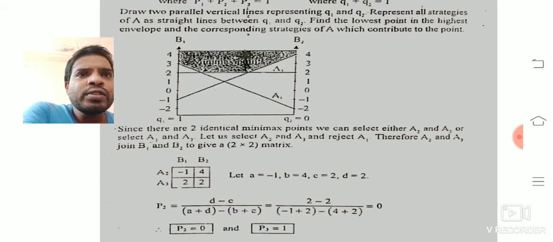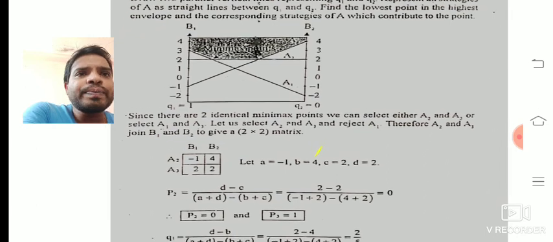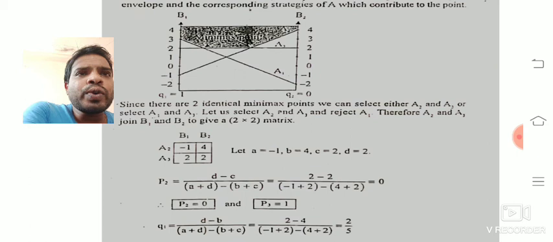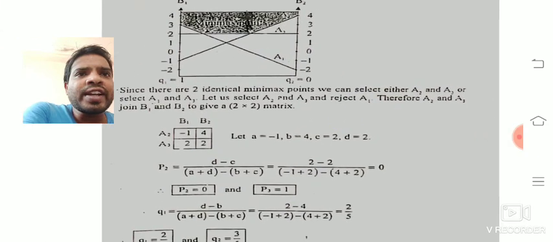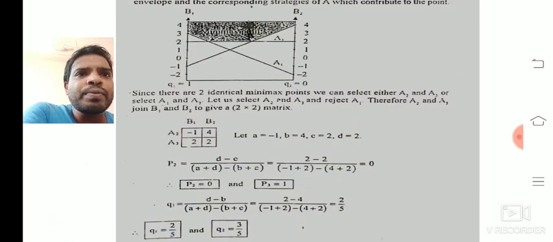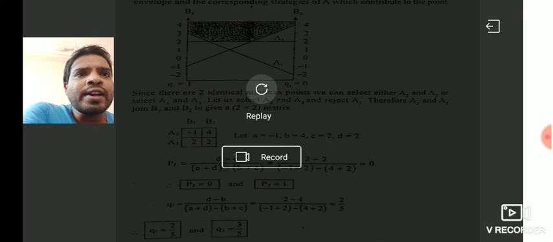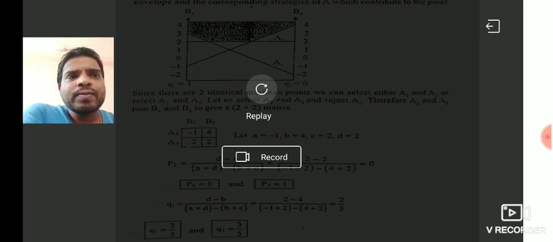For that point, we check which 2 lines intersect. A2 and A3 lines are intersecting, so you can write the matrix from the original matrix, that is B1, B2 and A2, A3. Now the matrix is reduced into 2 into 2. Then apply the analytical method to find the probability values and the value of the game. This is for the dominance property.